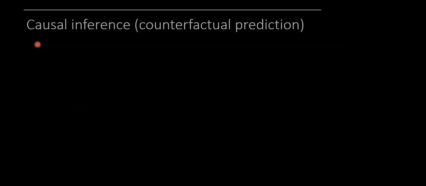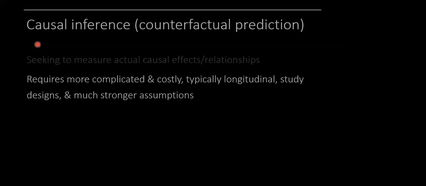Okay, great. So, very briefly, causal inference or counterfactual prediction. This is where we're explicitly trying to understand causal relationships, where we want to understand how one thing directly influences another thing. Broadly speaking, doing it rigorously typically requires more complicated and costly study designs, typically longitudinal designs, and much stronger assumptions than simple description.